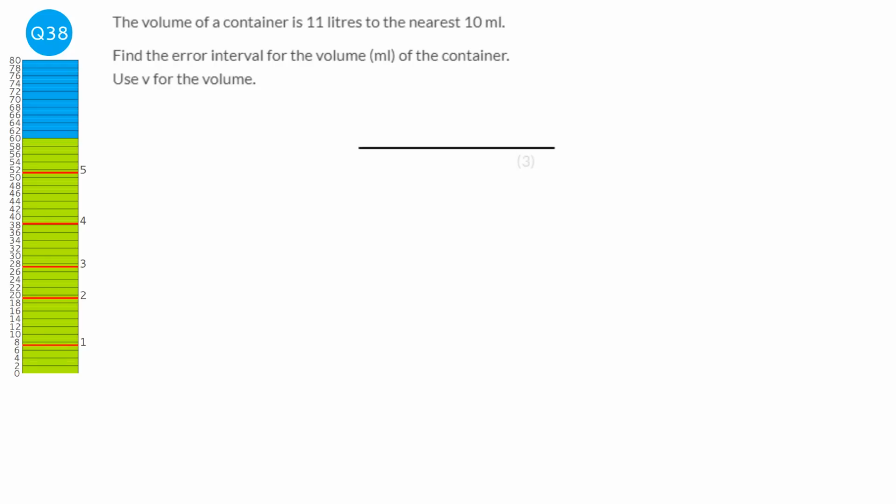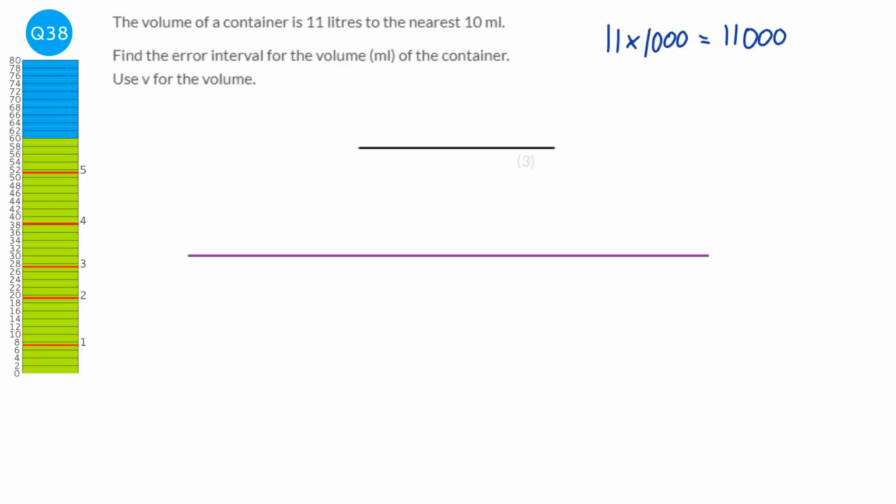So we're going to first of all convert the 11 litres into millilitres. So we're going to do 11 times 1,000. Should be 11,000. Okay, so we're going to just draw a line, like a number line, and we're going to have the 11,000 in the middle.